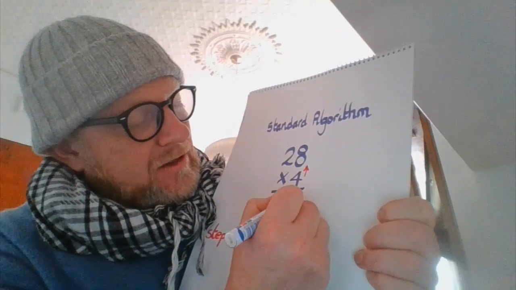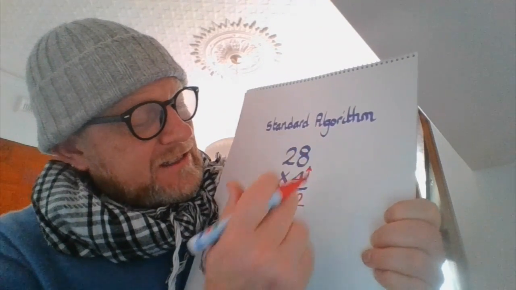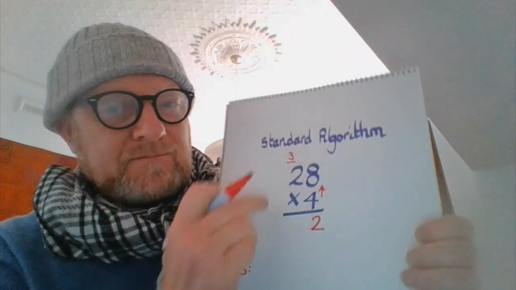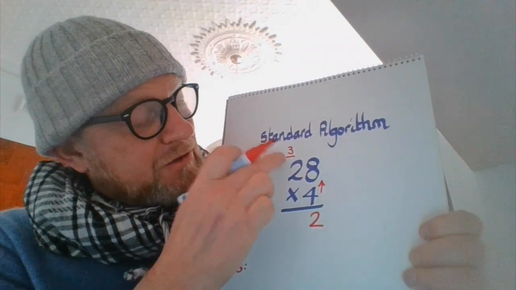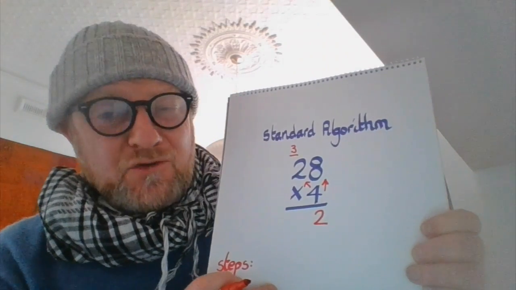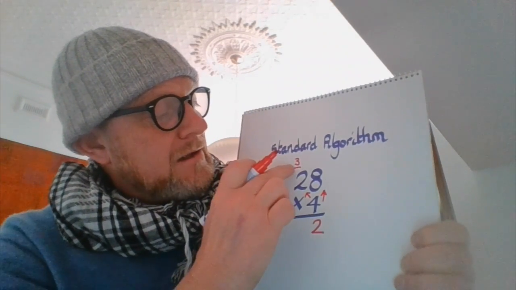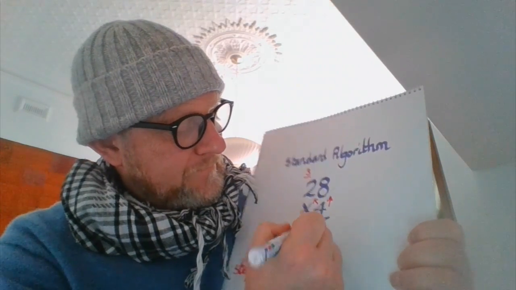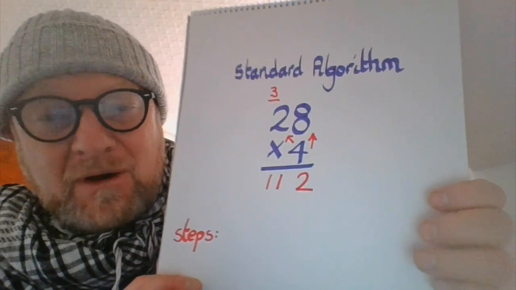So you place the ones, because we're dealing with ones, down here, and the tens up here. So the 2 goes down there and the 3 goes up there. Step 2, 4 times 2, that equals 8, plus the 3 equals 11. And they're the steps to our algorithm.